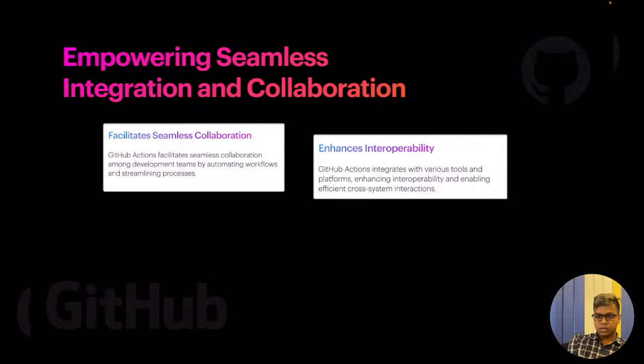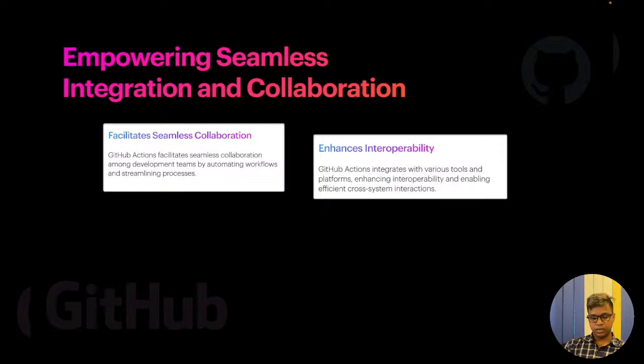GitHub Actions also integrates with multiple platforms, such as Slack and different communication platforms. As an example, when it comes to Slack, we can add an action.